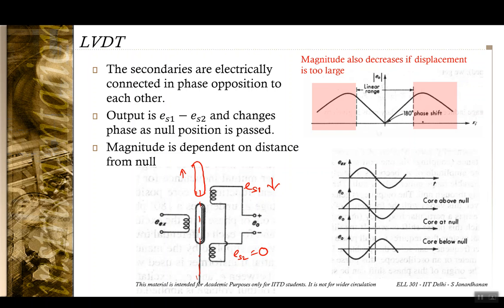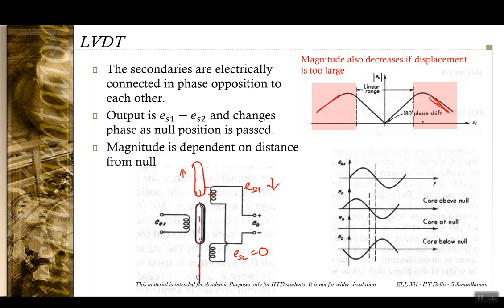Because as this goes further, less and less of the first secondary, the S1 secondary, is going to be linked, and so the effective magnitude of the output is also going to decrease. Okay, so there is some sort of a reversal here.